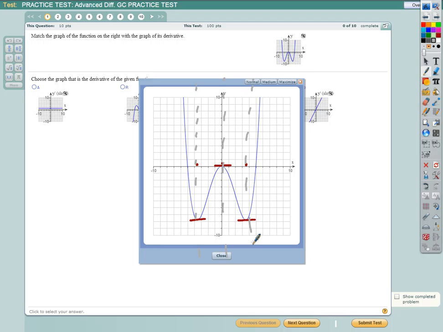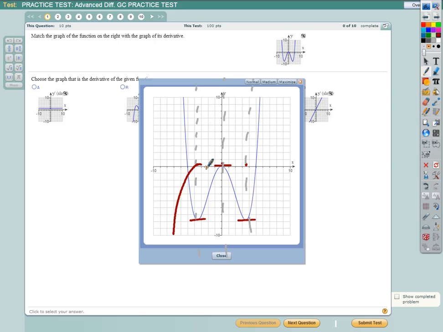It's negative. It's very negative, and then it's less and less negative, eventually goes to 0. So our function's going to look something like that. What about in here, between there and there? It's going to be positive. It starts off small, it gets very positive, and then it diminishes back to 0.